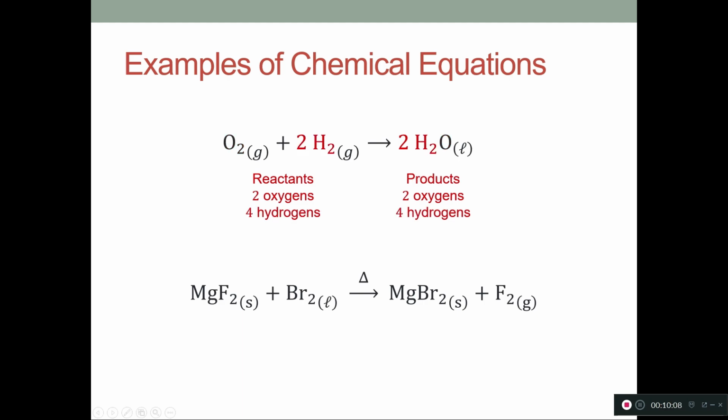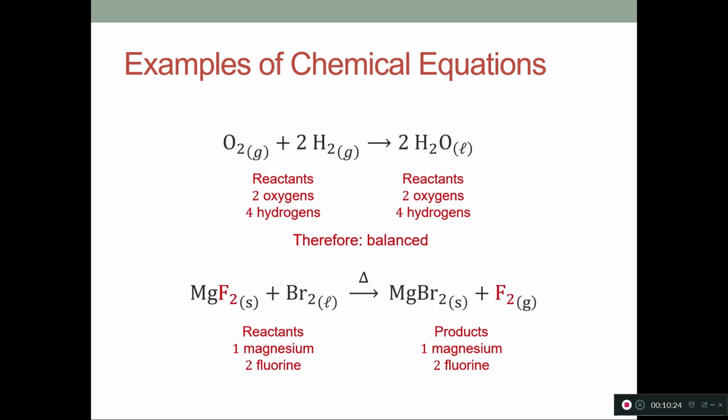We also see that there are 4 hydrogens in the reactants and 4 hydrogens in the products. So those are balanced. That means that the entire chemical equation is balanced. Down here we see that there is 1 magnesium in the reactants, 1 in the products, 2 fluorines in the reactants, 2 in the products, 2 bromines in the reactants, 2 in the products, and so that means that the entire reaction is balanced.